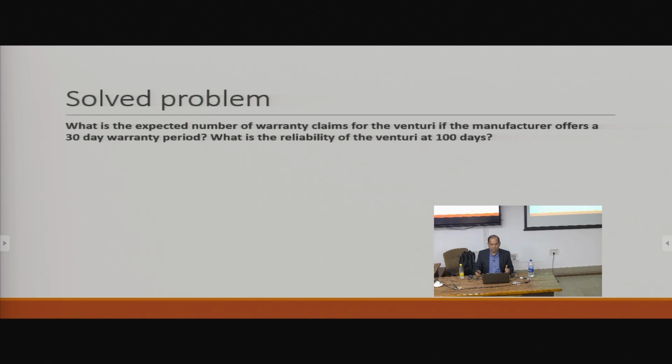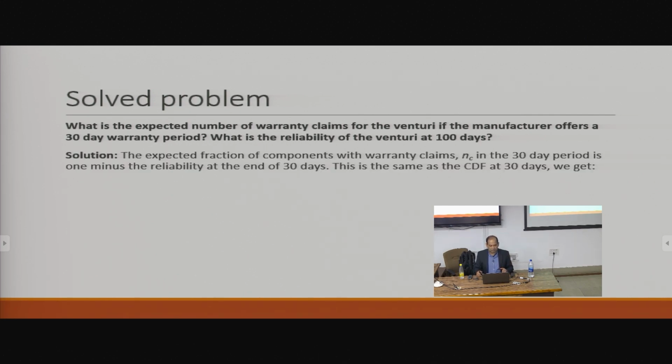The expected number of warranty claims is basically the expected number of failed components, right? It is 1 minus the reliability at the end of 30 days, which is the same as the CDF at 30 days. Pretty easy stuff here. We already have the function. We already found the shape and scale parameters. So we plug those in.